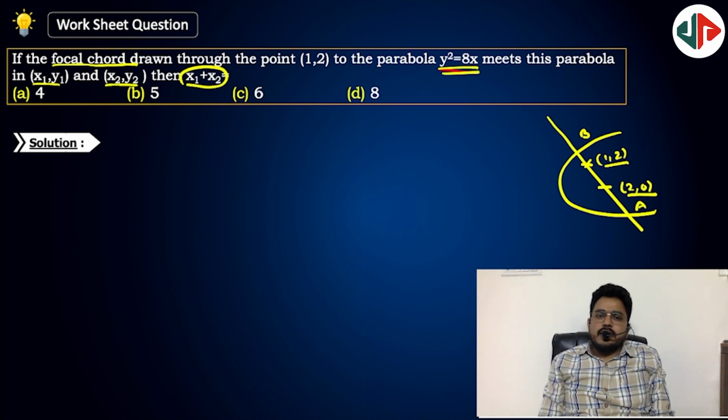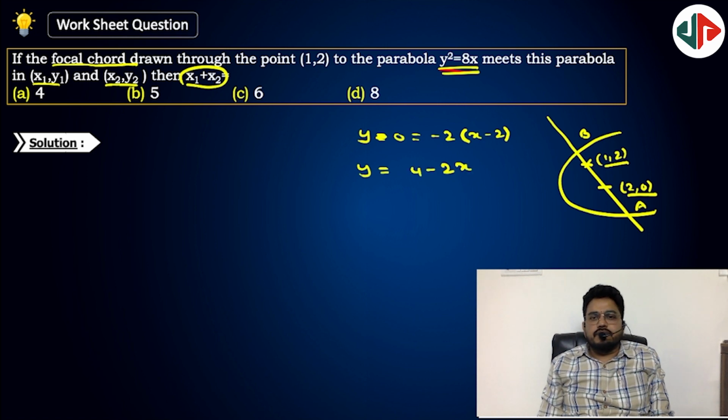So y minus 0 is equal to m into x minus x1. So what will happen? y is equal to 4 minus 2x. Now this line is meeting the parabola, so replace y with this.